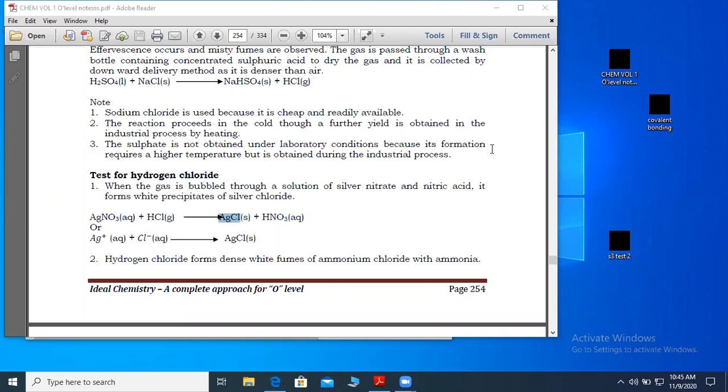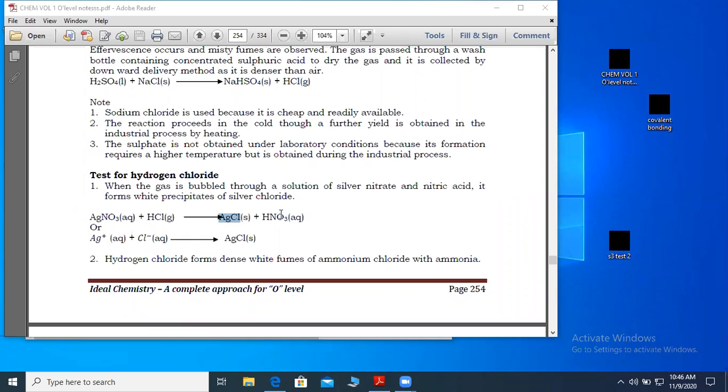I repeat, for those noting down, when the gas is bubbled through a solution of acidified silver nitrate, it forms a white precipitate. And the white precipitate is silver chloride, because we have agreed silver chloride does not dissolve in water.